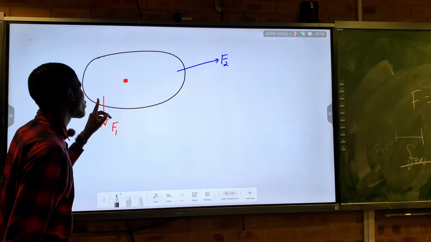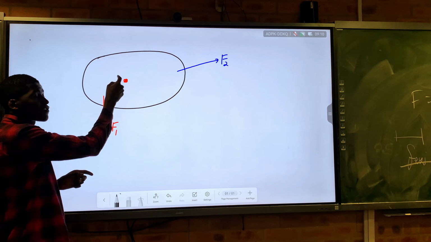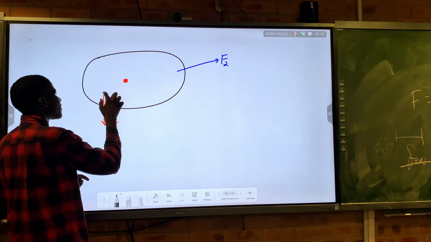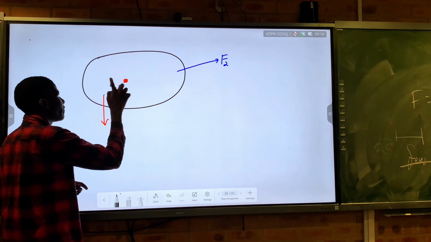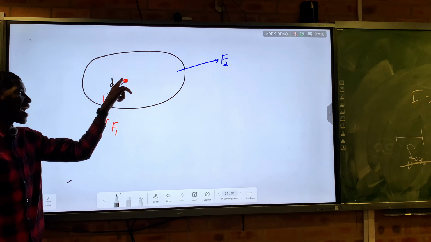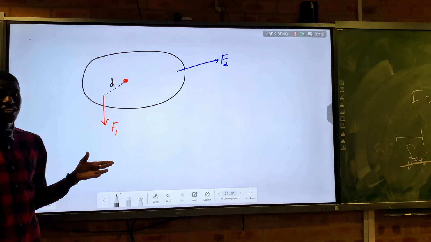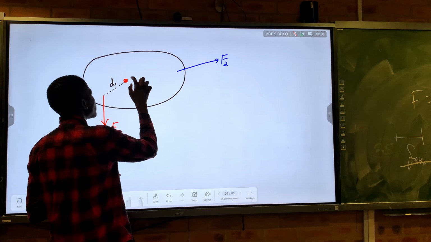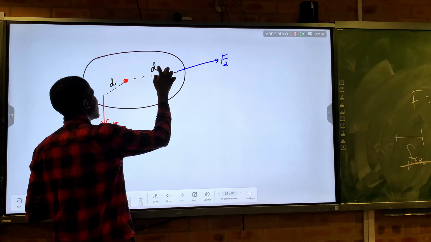Force 1 and force 2 are at a certain distance from the hinge. Remember, the distance from the hinge is the one that matters. The further away your force is applied from the pivot point, the greater the torque that you're going to get. Here we have distance 1, and on the other side we have distance 2.